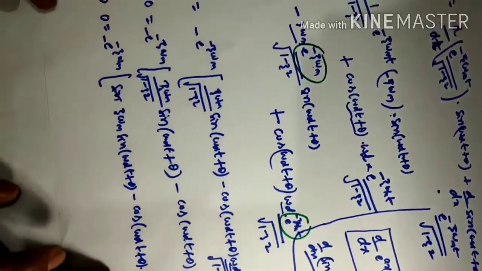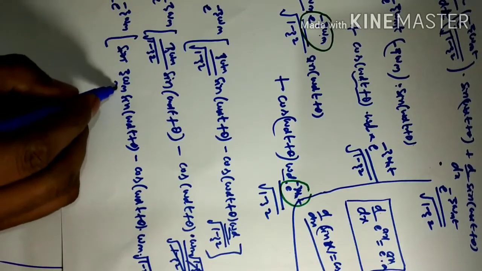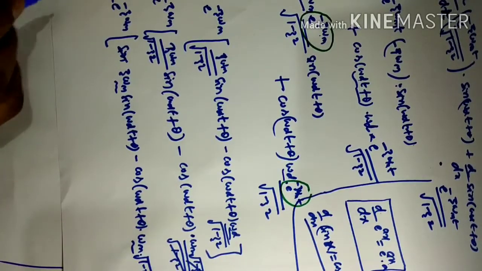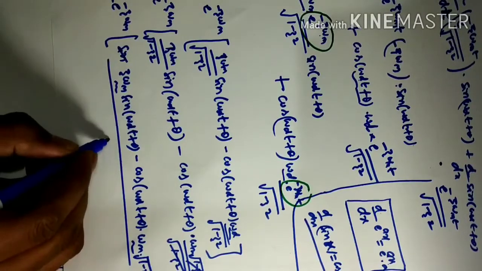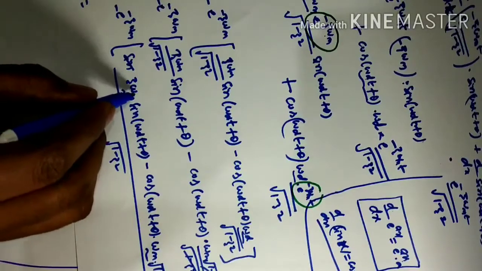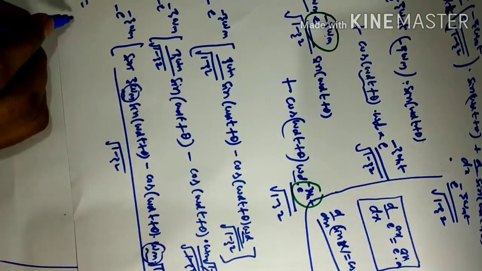So now what you do here, omega n is there, here also omega n is there, so you can take it outside. So here is root of 1 minus zeta square, and here also omega n, here also omega n, so you can take it outside.